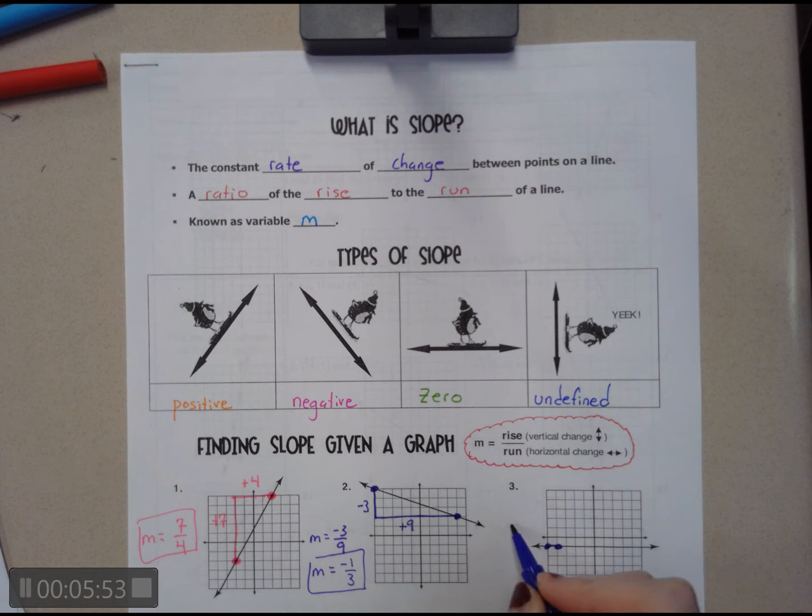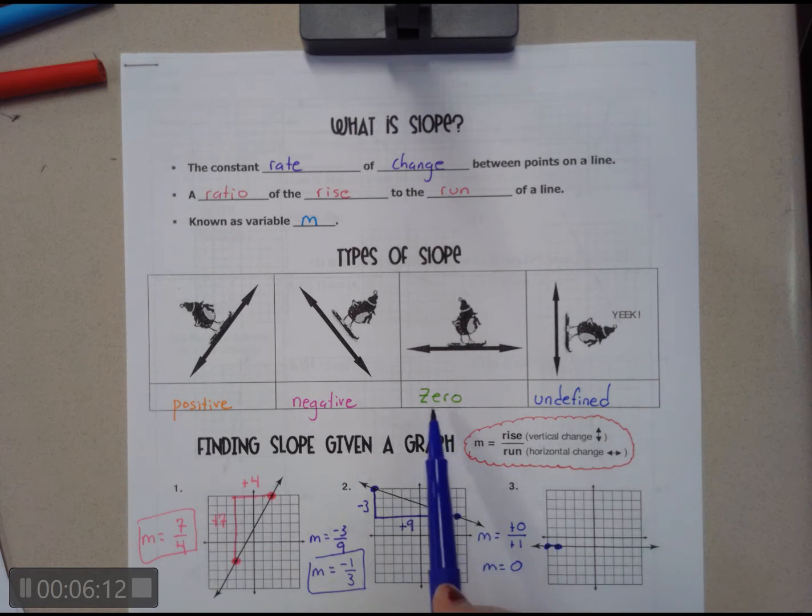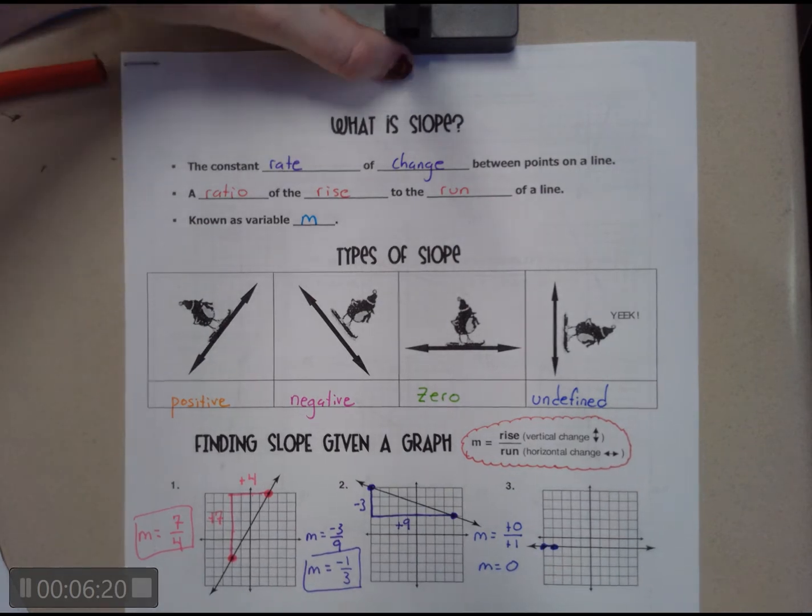Okay, so this has a 0 rise and a run of +1. Okay, and then what is 0 divided by 1? Good, it's 0. And that is why when we have a horizontal line, it is a 0 slope. Good?